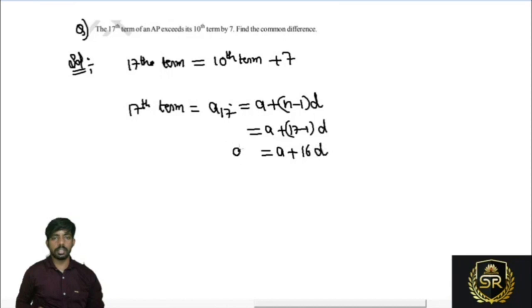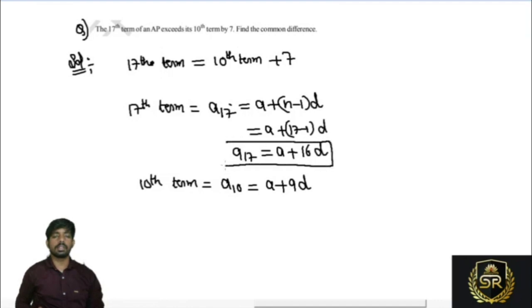We can write it directly. A17 is A plus 16d. And the 10th term is A10, which can be written as A plus, decrease 10 by 1, 9d. So A10 is A plus 9d. Here A17 is this and A10 is this.